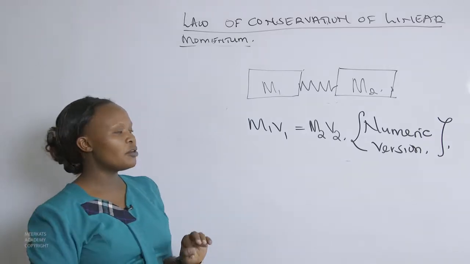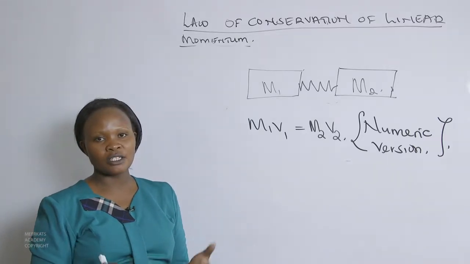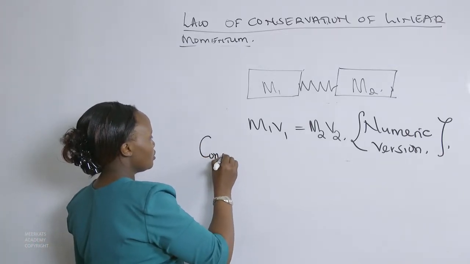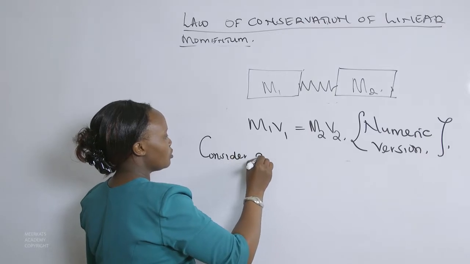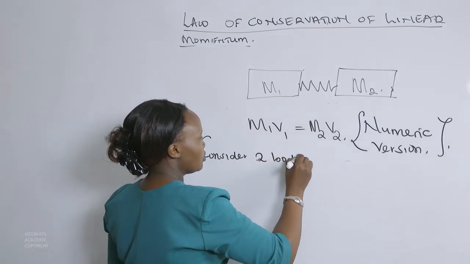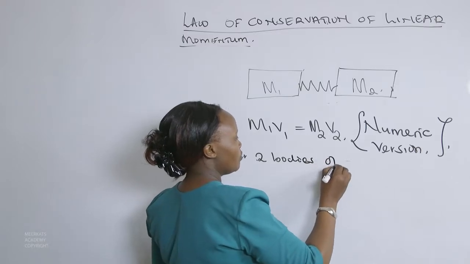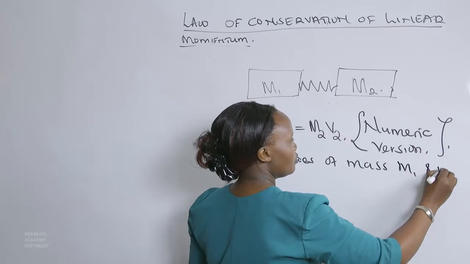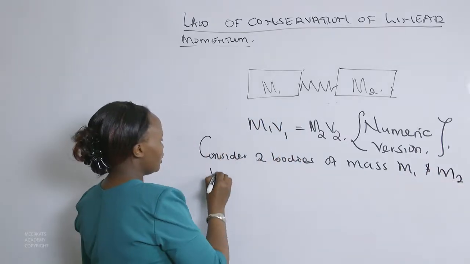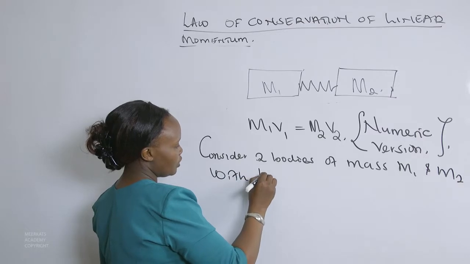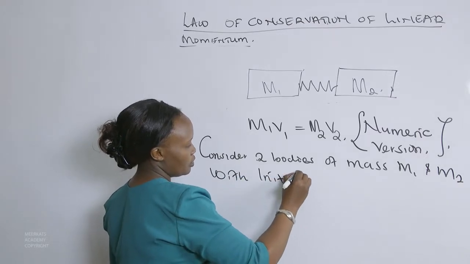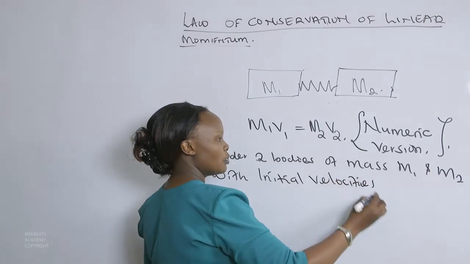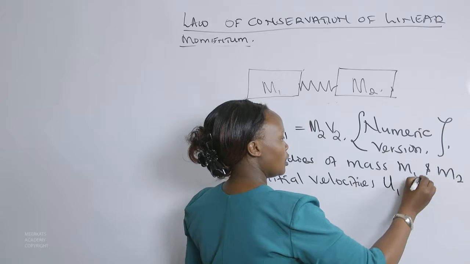Now, suppose we have more than 2 bodies. For example, you could consider 2 bodies of mass m1 and m2 with initial velocities u1 and u2.